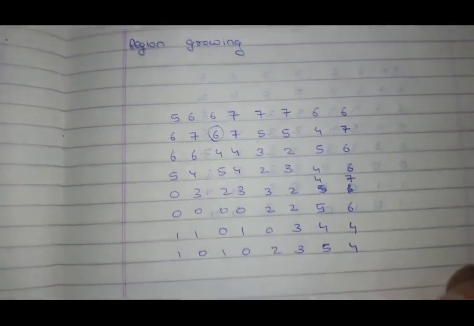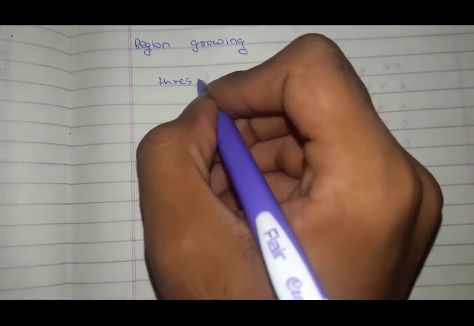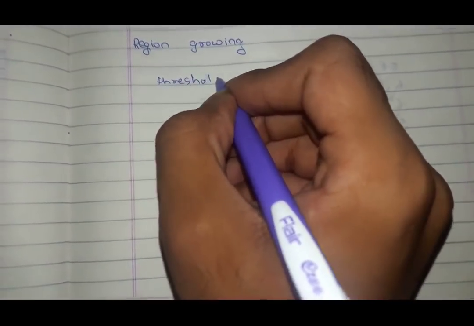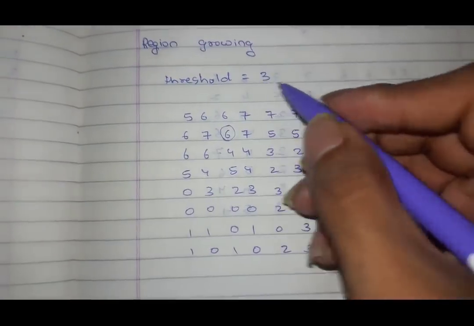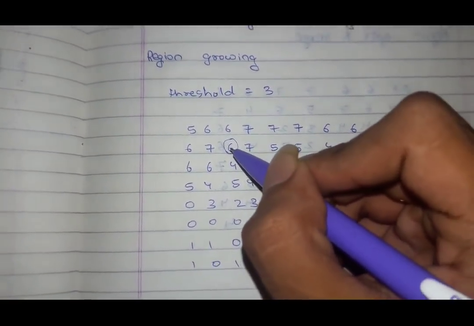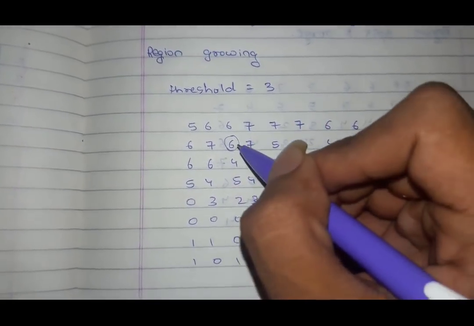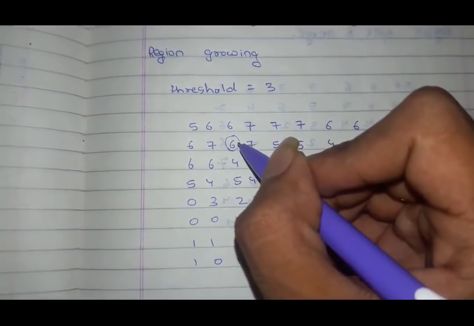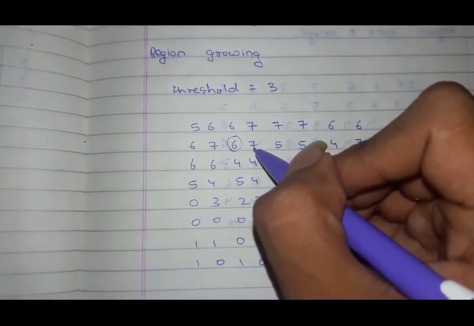Now the next step is to assign a threshold value. So let us consider that here I am taking a threshold as 3. The basic algorithm is, you compare the seed point with the pixels that are around it. What I mean by comparison is, 6 minus 7 gives you 1.